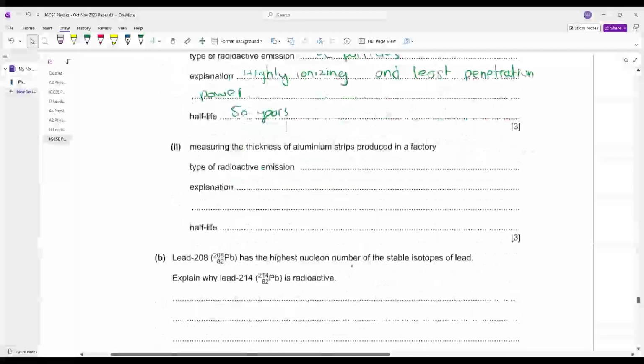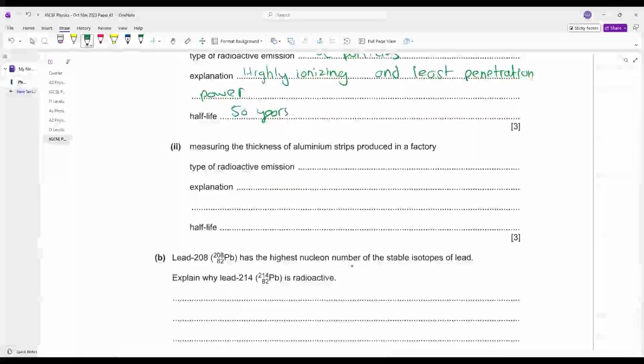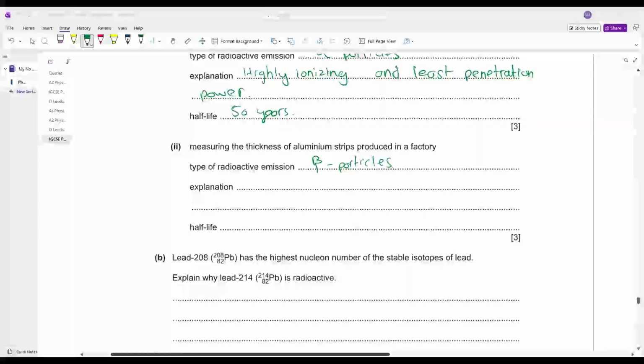Measuring the thickness of aluminum strips produced in a factory, the type of radioactive emission that we use is beta particles. Why? Because beta particle absorption depends on the thickness of the aluminum sheets. If the aluminum sheet is thicker, beta particles will get absorbed completely.